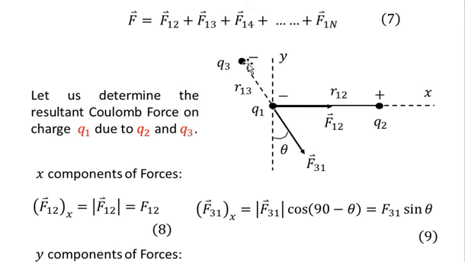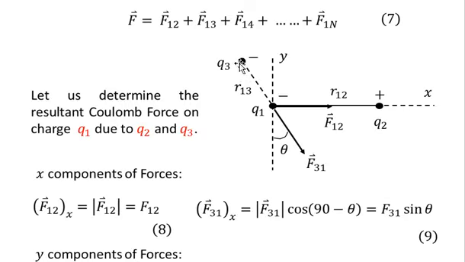For example, the coordinates of Q3 are x2, y2, and the coordinates of the tip of the vector F31 are x1 and y1. From these two coordinates, you can easily find out the slope, or otherwise you know that the coordinates of the point Q1 are 0, 0.